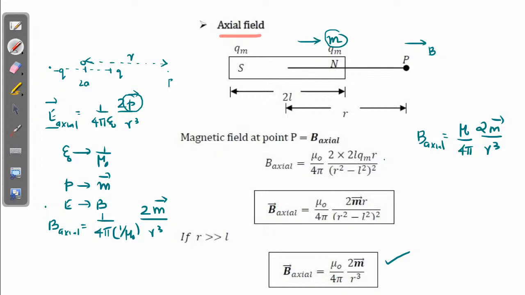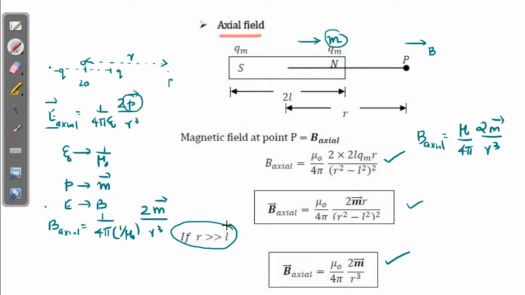The other two expressions I wrote here are similar expressions. You could see a similar kind of expression in the case of electric field also. You get the final result by making this approximation: your axial distance r is much greater than the magnet length 2l. Similar approximation we used in the case of electric field due to a dipole also.